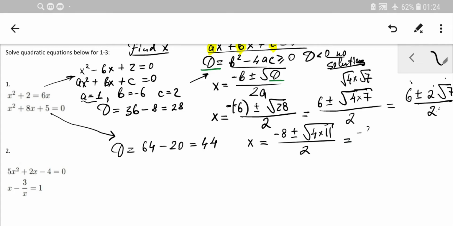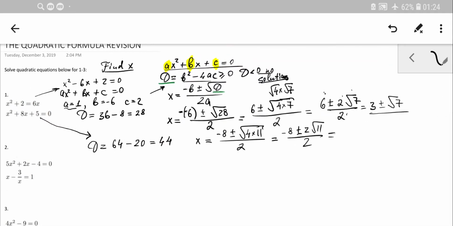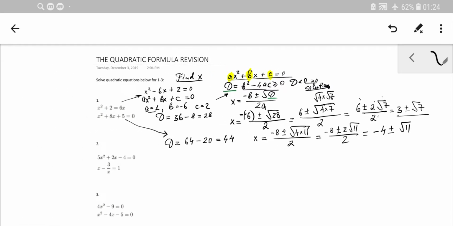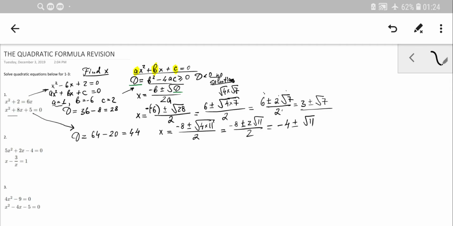We can evaluate the square root of 4, which is 2, square root of 11 left, and over 2, and hence we'll get negative 4 plus minus square root of 11. That's the answer for the second part. Make sure you have the same.